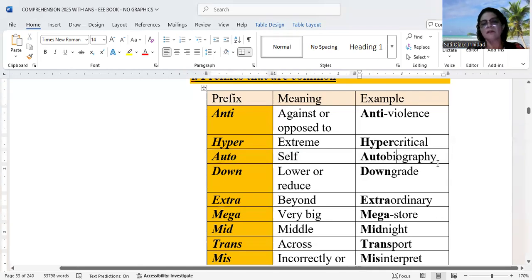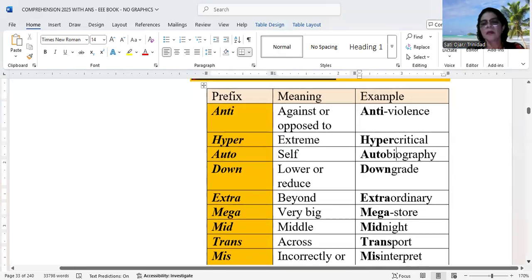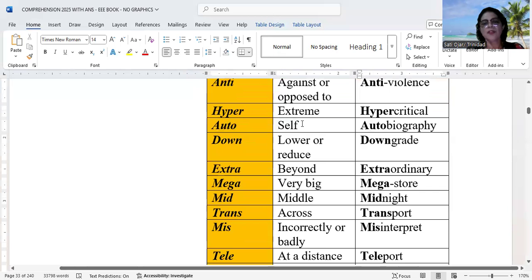Auto means self. What does autobiography mean? Self-biography. Right. The story of someone's own life. Down means to lower or to reduce. So downgrade means to lower or to reduce. The opposite of that would be upgrade, which means to increase.